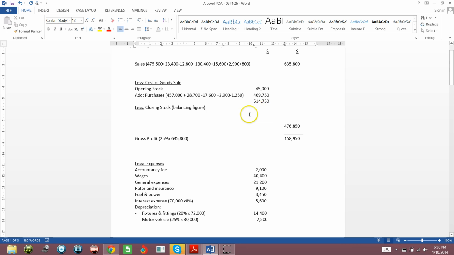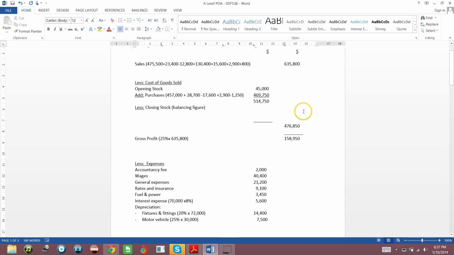So in order to do that, you should imagine that this figure is X. That means 45,000 plus 469,750 minus X equals 476,850. So what is X? If you put X to the other side of the equation, it will be positive, and this 476,850 comes over to this side of the equation and will be minus.